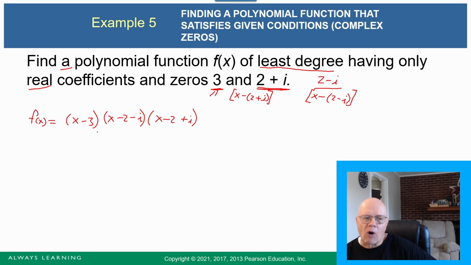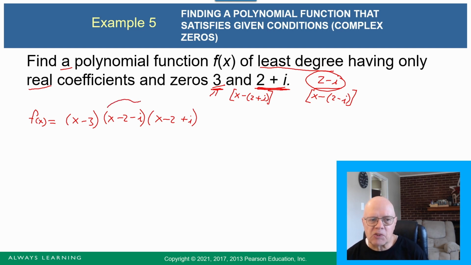And if you multiply all those together, you're going to get a polynomial function of least degree. It has to be third degree because you got 3 zeros. This one, and this one, that's automatic. Now, it says what's the polynomial? Well, this is the factored polynomial. If you want the polynomial, take my advice.